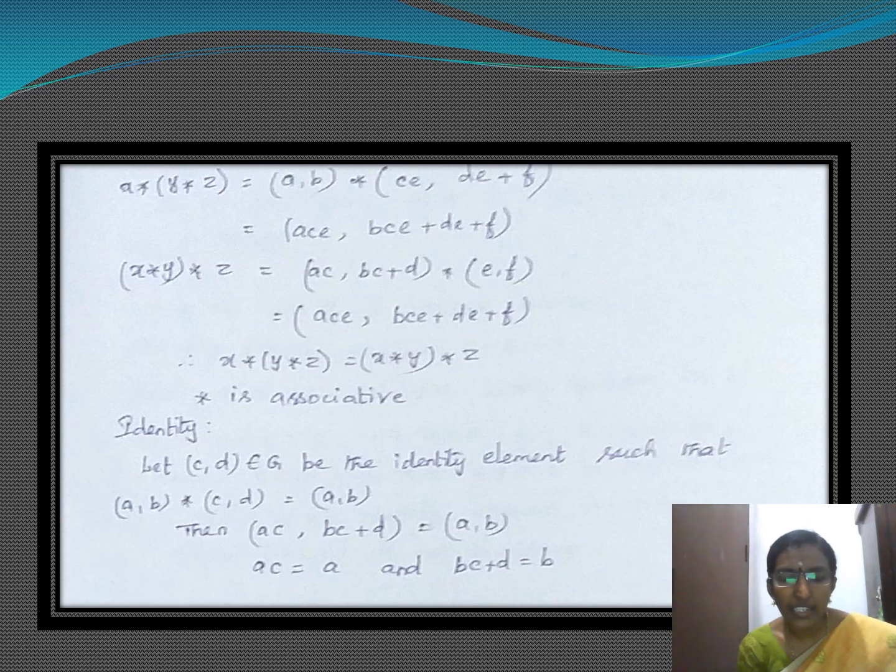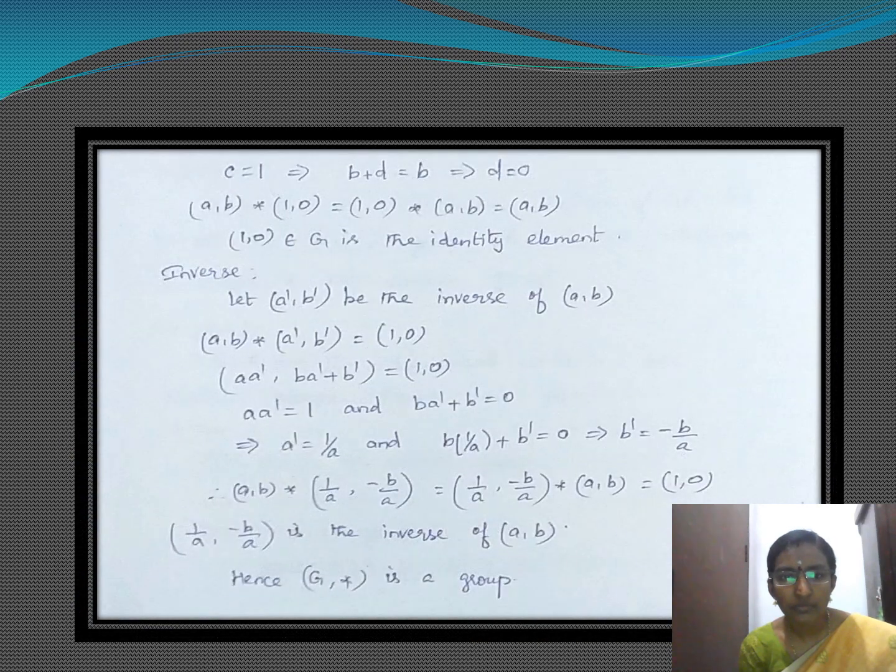Then identity. I am going to find the identity element. For this, we take (a, b) star (c, d) equal to (a, b). Then (ac, bc + d) equal to (a, b), which will give you ac equal to a and bc + d equal to b. But we have to calculate the values of c and d.